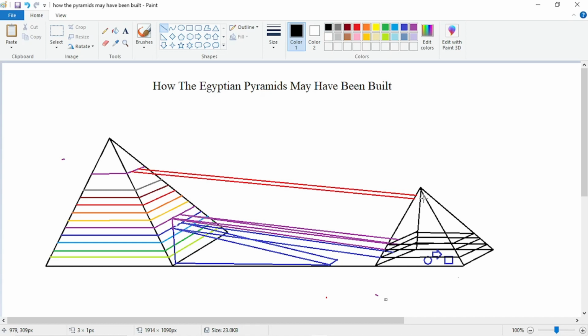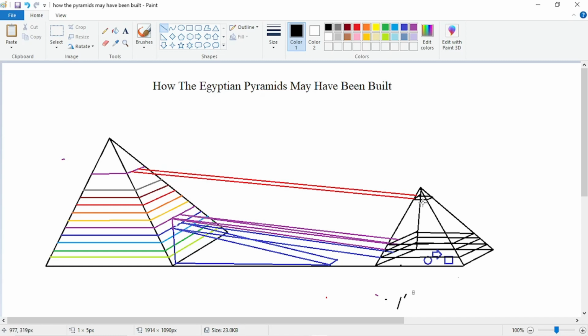Let's draw this out. Let's see. This is the 3-dimensional view of it. Alright, so they're at this level of the mountain, and they still have a ramp coming down near the top of the pyramid.